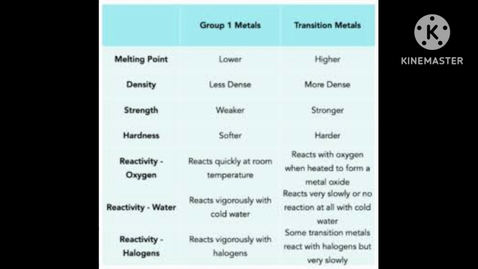The standard electrode potential values, means E values I am talking about, for M2 plus to M indicate a decreasing tendency to form divalent cation across the series. Correct? Decreasing tendency to form divalent cation across the series.